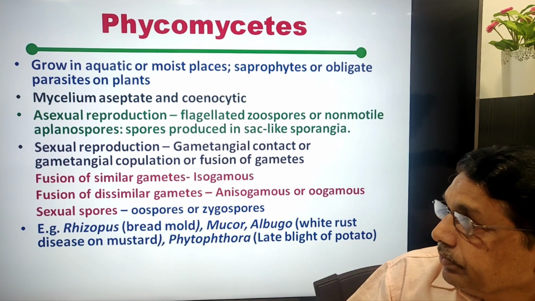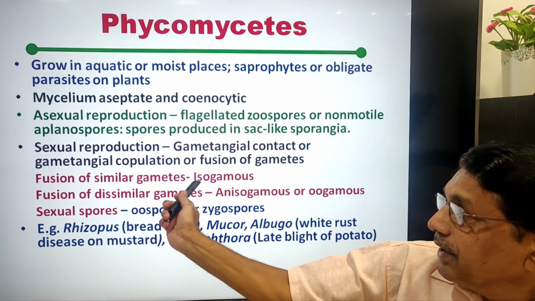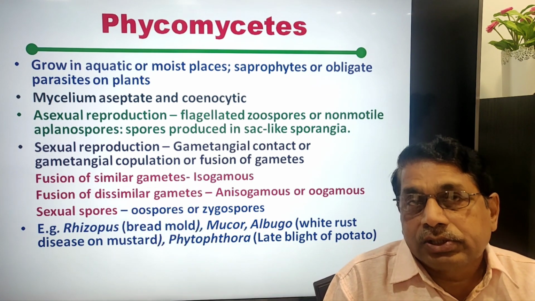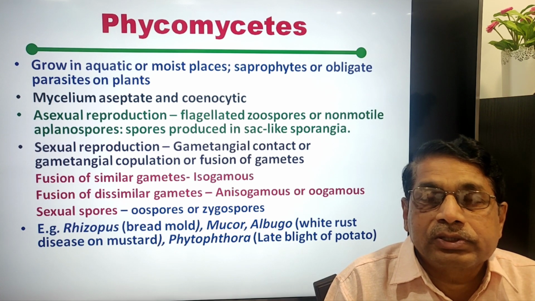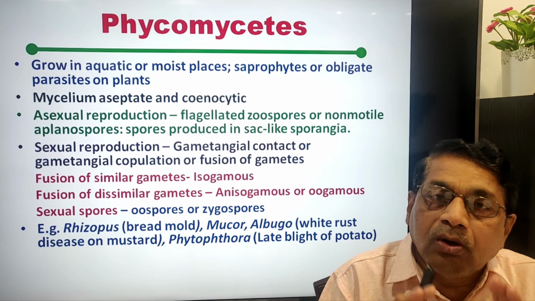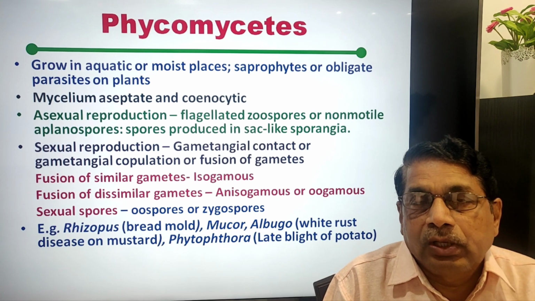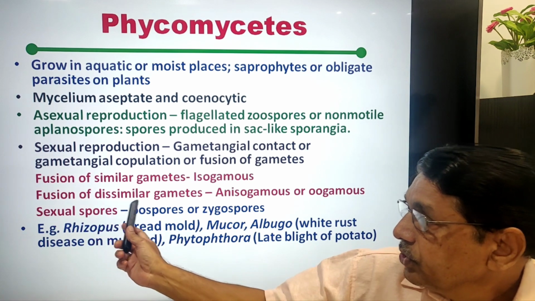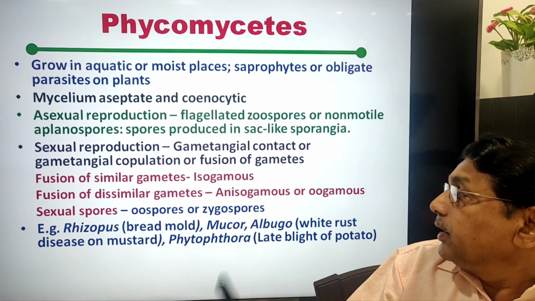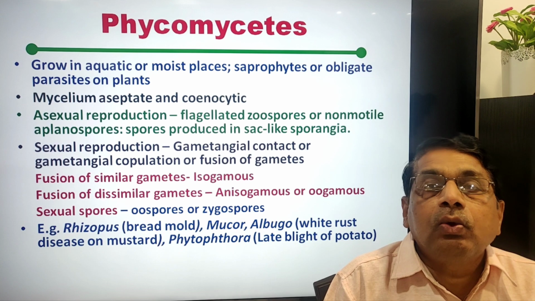Fusion of gametes. Fusion of similar gametes is isogamous. Iso means similar; the male and female gametes or gametangia are similar. Fusion of dissimilar gametes is anisogamous or oogamous.